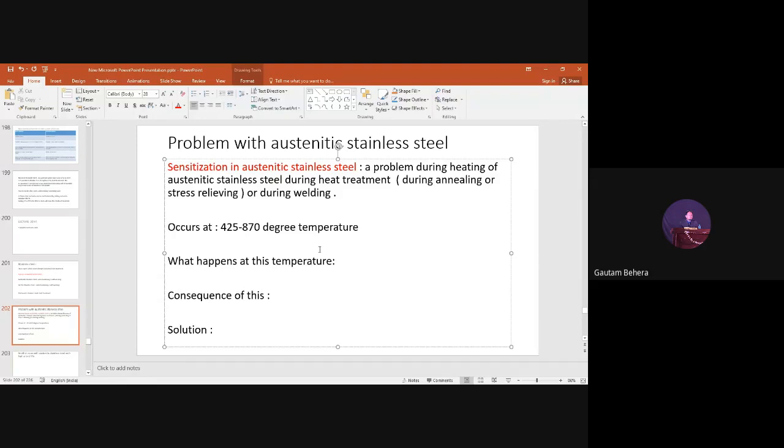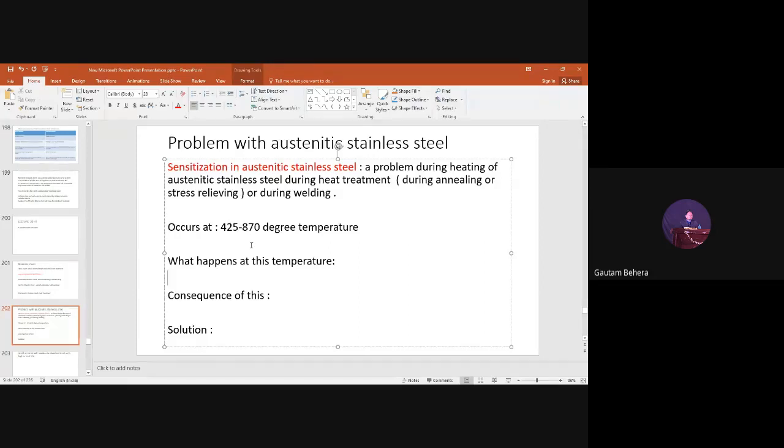So now the question is what happens at this temperature? What happens at this temperature will justify what sensitization is. Sensitization basically means you have an austenitic stainless steel and you take it to, suppose, 500 degrees centigrade and hold it for some duration of time.